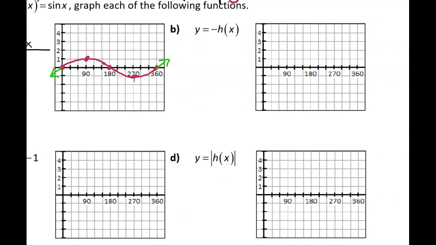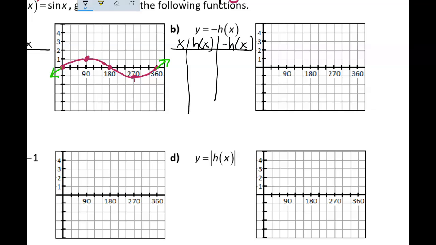All right, in our next table, we've got y equals negative h of x. So we need columns x, h of x, and negative h of x. X, h of x, those are just our parent points. So those would be 0, 0, 90, 1, 180, 0, 270, negative 1, 360, 0.